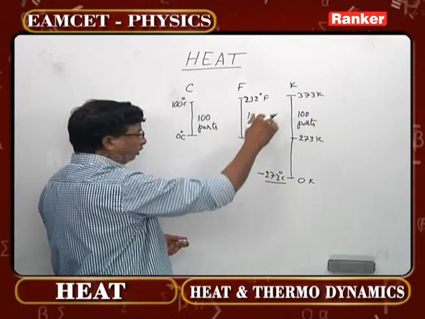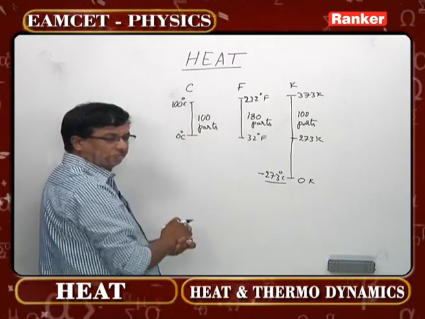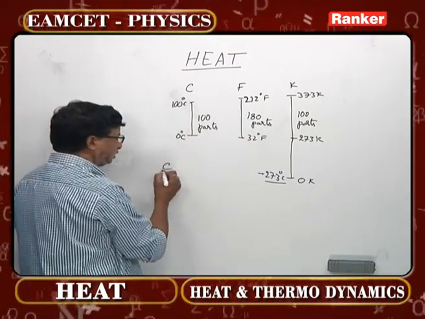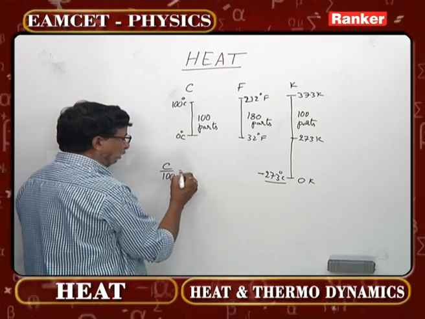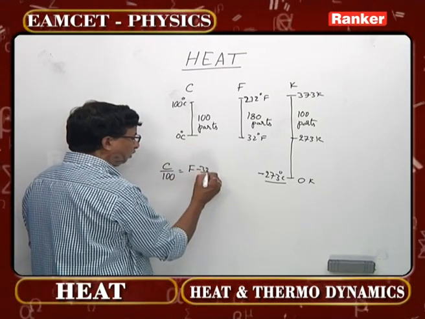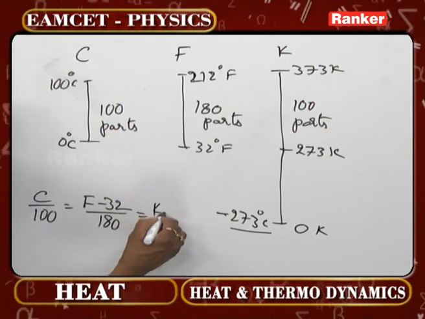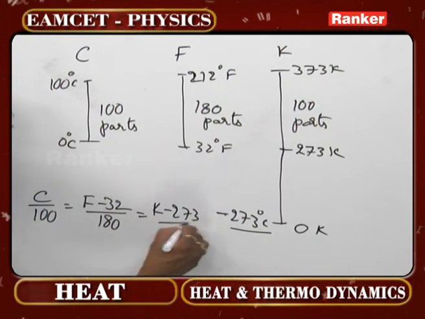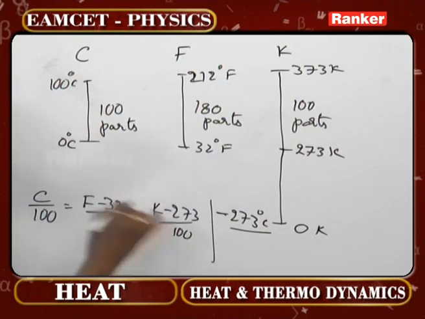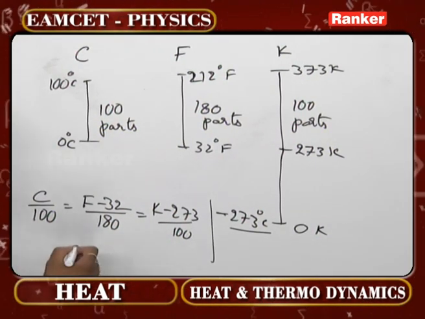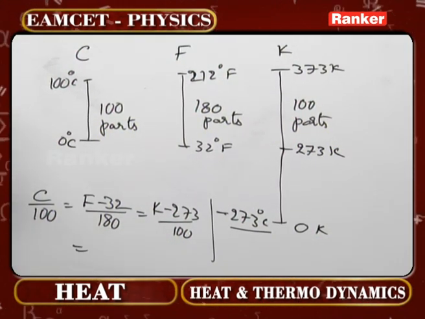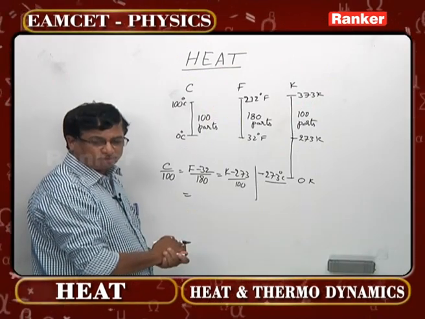Recollecting the relation between these three scales: C by 100 is equal to F minus 32 by 180 is equal to K minus 273 by 100. This is the actual formula, but it can also be compared with a faulty thermometric scale.